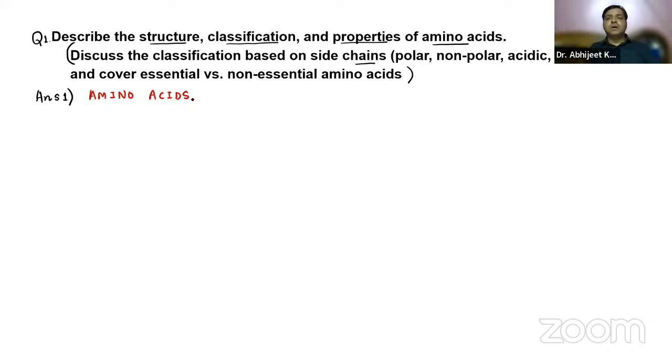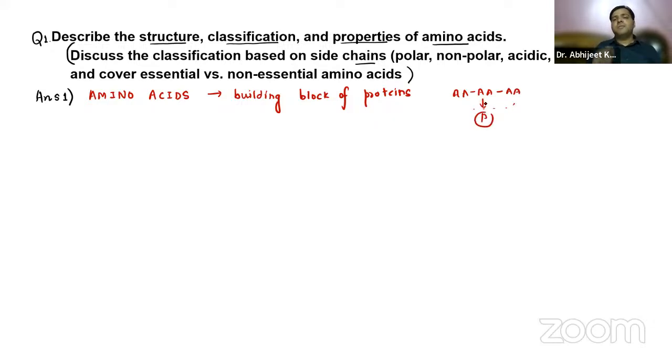Now, you already know amino acids are nothing but the building blocks of proteins. Apart from that, you already know amino acids will join with each other and together they will form protein. So protein is made up of amino acids. That is the basic concept which you know.